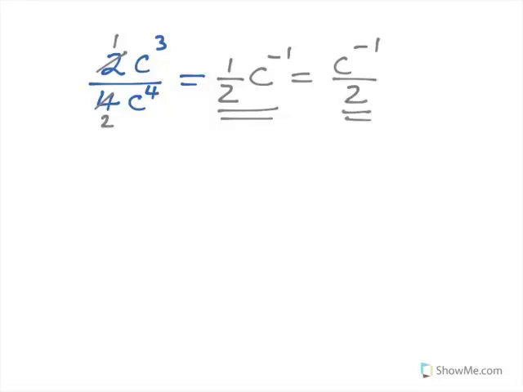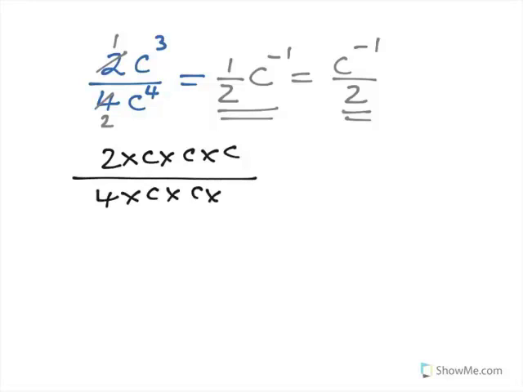But let's have a look at the same question again and write it differently. 2 times c times c times c divided by 4 times c times c times c times c. And let's do some cancelling. There's a half coming out of that. This c will cancel, this c will cancel, and that c will cancel.